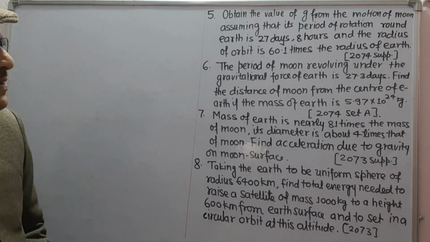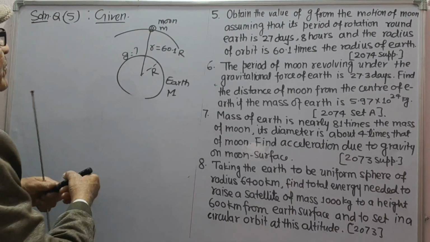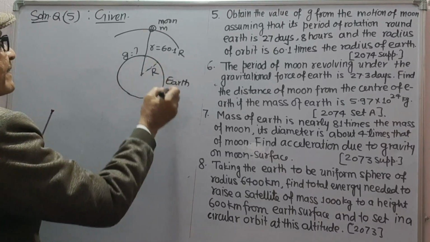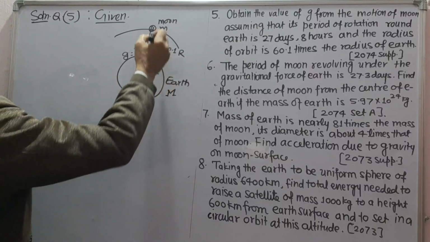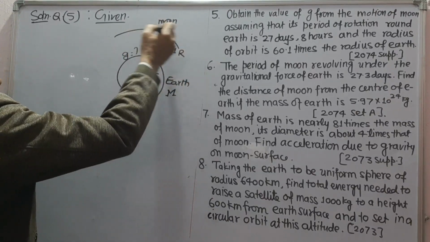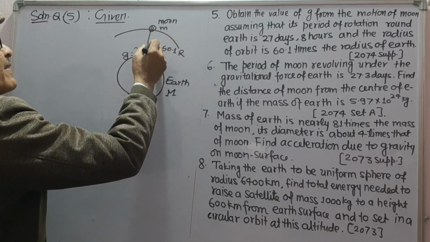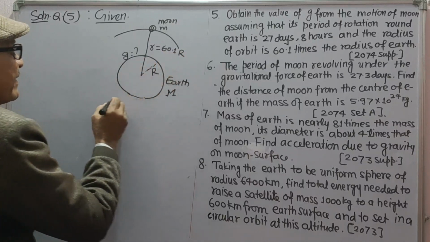60.1 times the radius of Earth. Here given, suppose this is Earth and its radius is capital R, mass of Earth is capital M, this is orbit of moon, small m is the mass of moon and radius of its orbit is 60.1 times the radius of Earth.